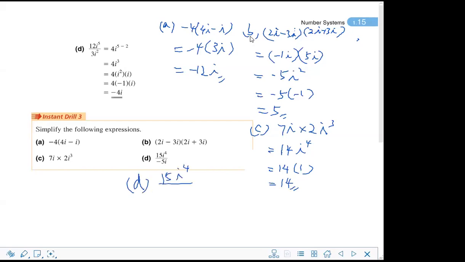15i4 divided by -5i. And again, we do the numbers and the I terms separately. 15 over -5 and I4 over I. Okay, becomes -3, and then it is I3. But I3 should not be the answer. We need to change the I3 to be the third term in the pattern.